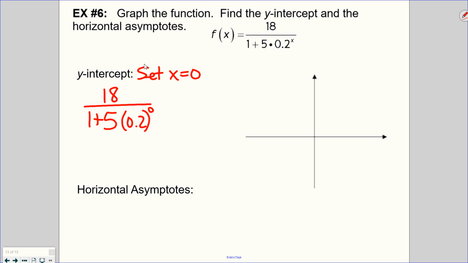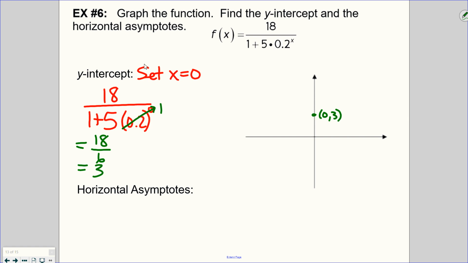Well, anything raised to the 0 is 1, except 0 to the 0. So this is going to be a 1. And so you're going to have 18 over 1 plus 5, which is 18 over 6, which is 3. So that means that the y-intercept here is at (0, 3).